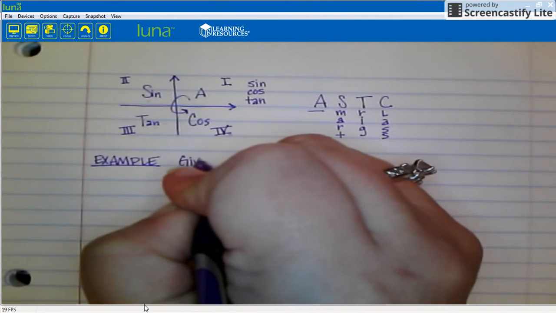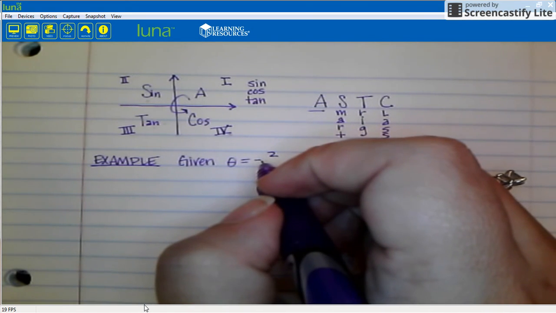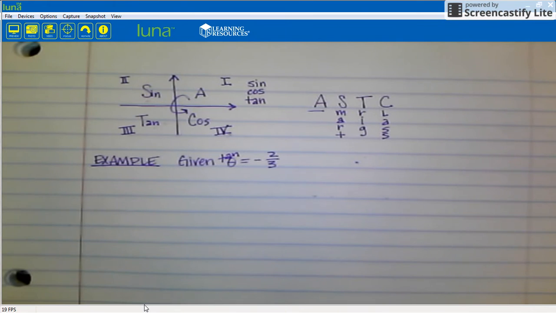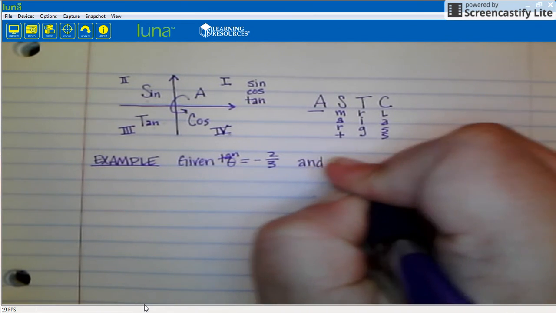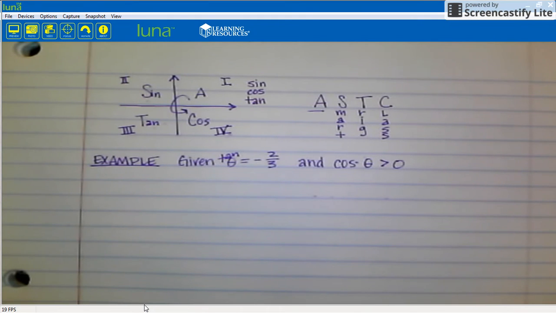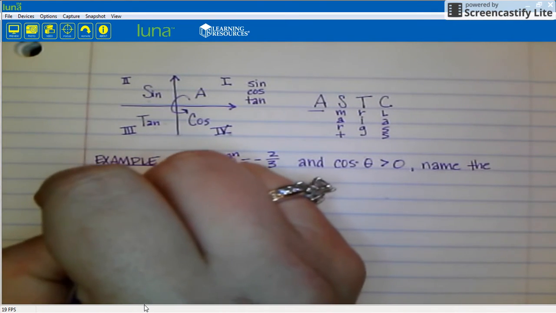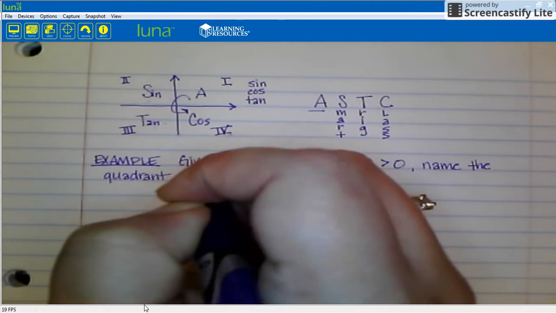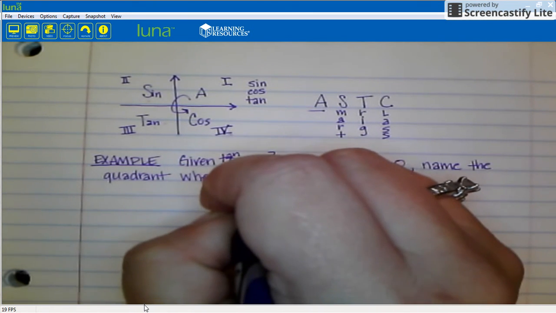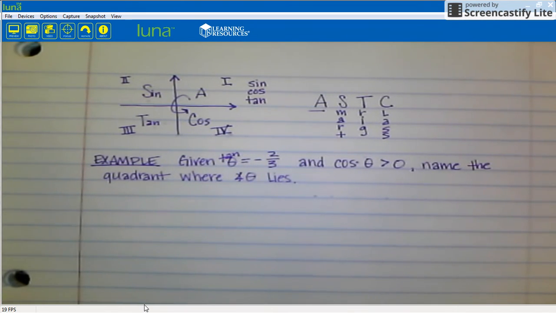If you are given that tangent of theta is equal to negative 2/3, and you were told that the cosine of theta is greater than 0, name the quadrant where angle theta lies. So you're talking about the terminal side of theta.